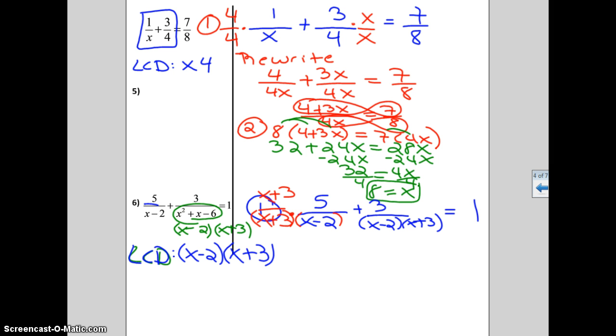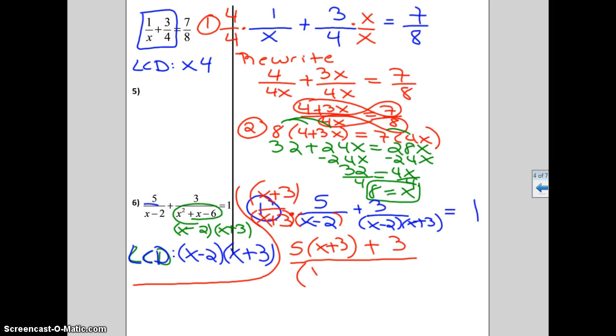So now I have 5 multiplied by x plus 3 in the numerator, plus 3, and then I have my common denominator of x plus 3 and x minus 2. I didn't have to do anything to the right fraction because it already had what we needed in the denominator for the common denominator, so I don't need to multiply it by anything extra, all right?